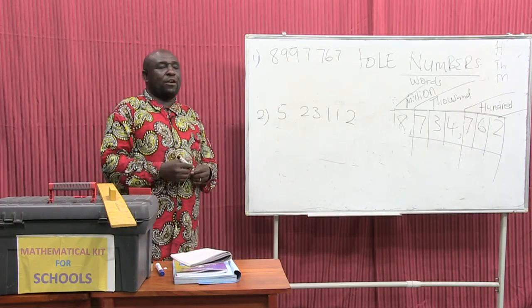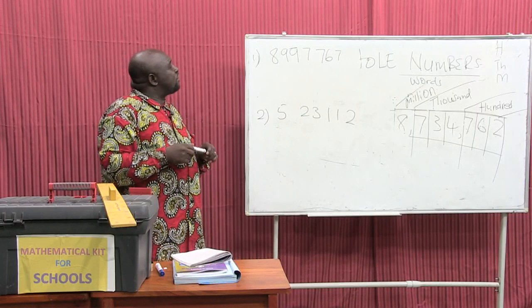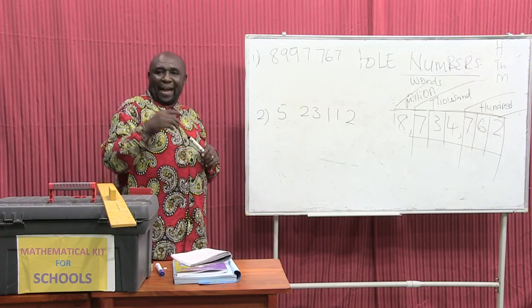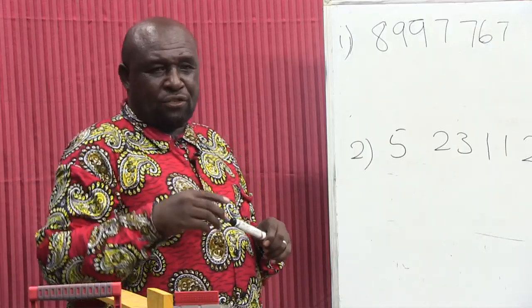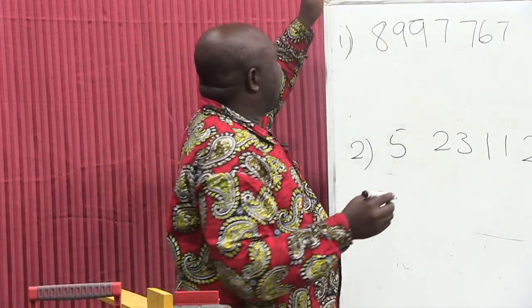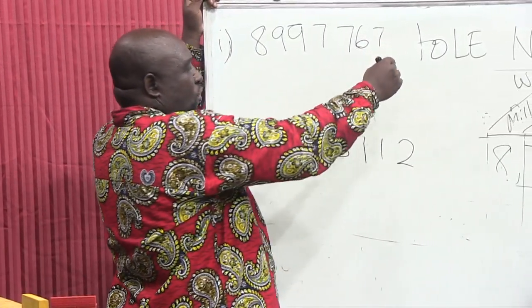Yes, I think you have already applied the periods. You have inserted the periods in shorthand, and you have tried to read. Now, how do we read this one? So we group.